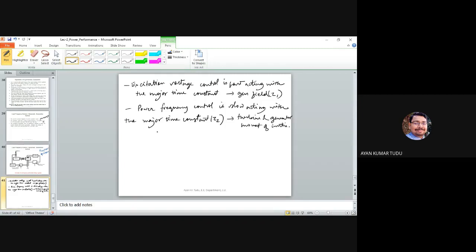As you can see, tau 2 is greater than tau 1, since this is a mechanical time constant and this is an electrical time constant.